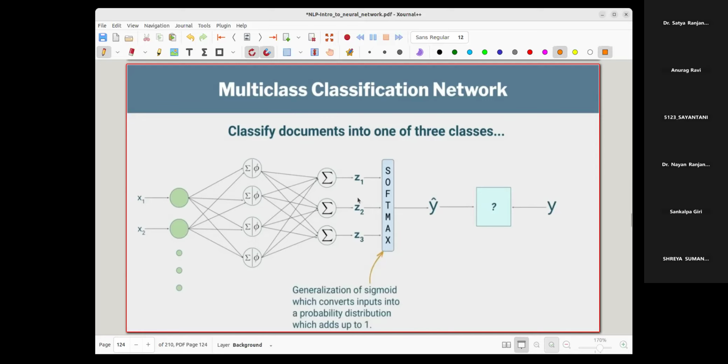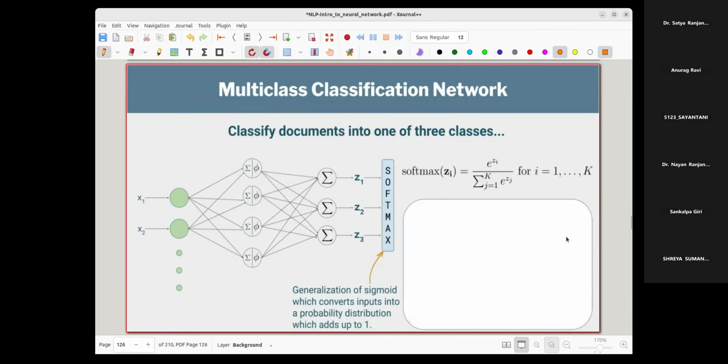It will convert these 3 outputs into a probability distribution whose sum will be 1. Okay, so let's see. Now, what is softmax of Z1? So this is the formula. Softmax of Zi equals e to the power Zi divided by summation j equals 1 to k of e to the power Zj, for i equal to 1 to k.